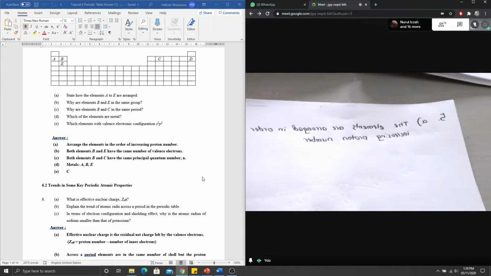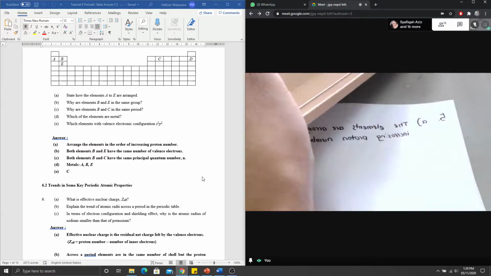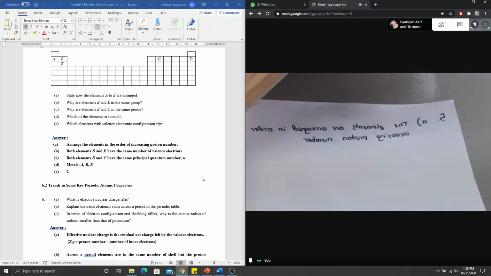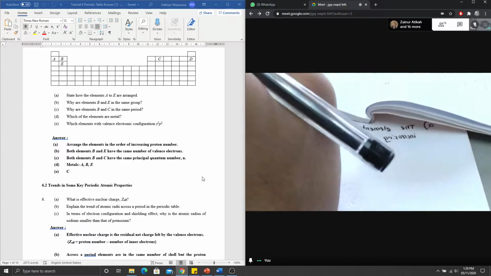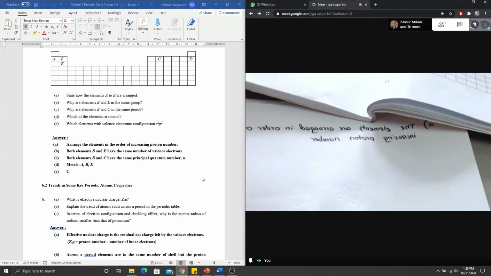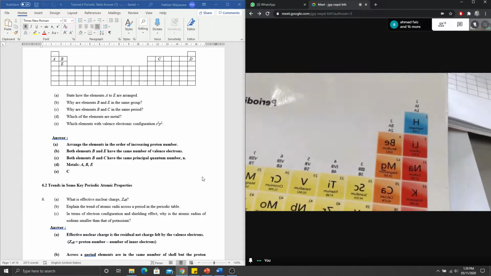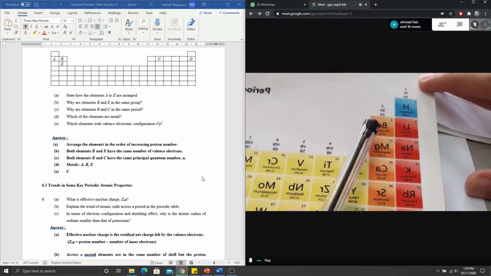Okay, they ask how A to E is arranged. Like I said earlier, the elements are arranged in order of increasing proton number.